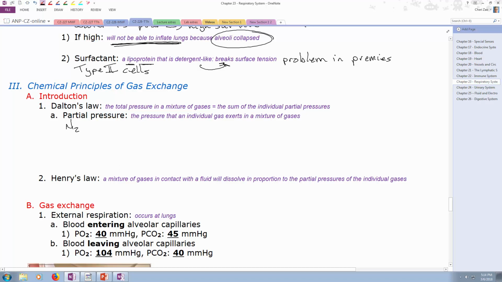We have around us nitrogen gas, we have oxygen gas, we have carbon dioxide gas, and we have water in gaseous or vapor form. Around us at sea level, nitrogen is at 569 millimeters of mercury. Oxygen is at 104 millimeters of mercury. Carbon dioxide is at 40 millimeters of mercury. And interestingly, water vapor is at 47 millimeters of mercury.